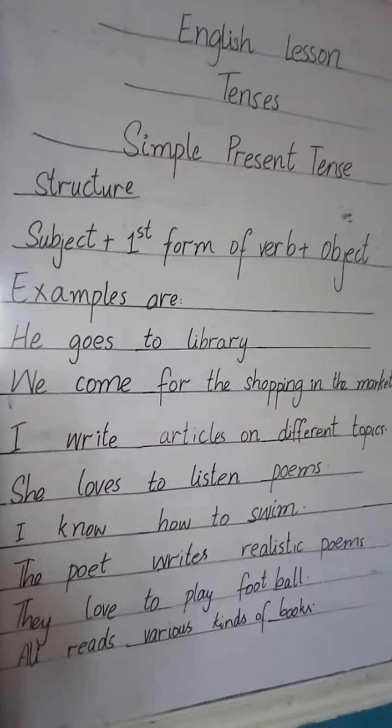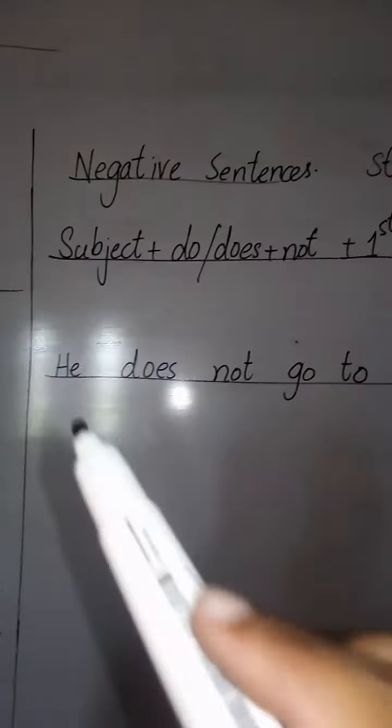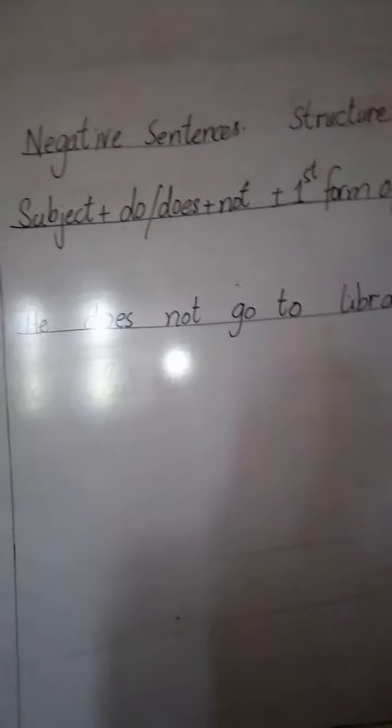In this way, by adding do not or does not, the positive sentence becomes the negative one. So let's try. The sentence "He goes to library", when we change it into negative, becomes: He does not go to library.